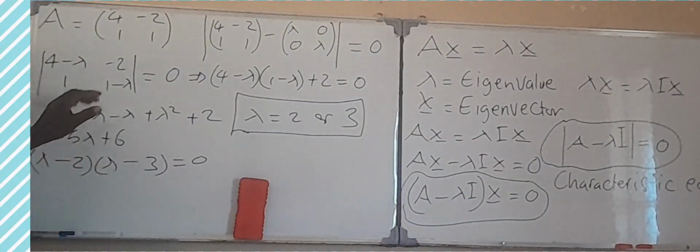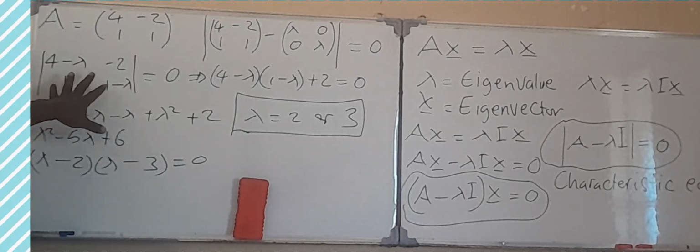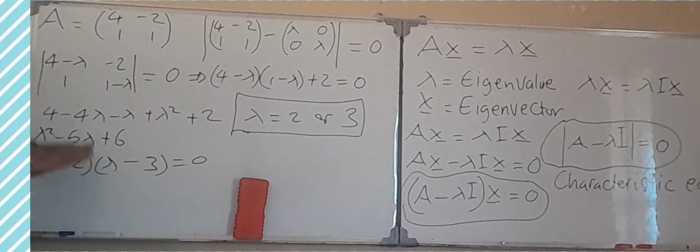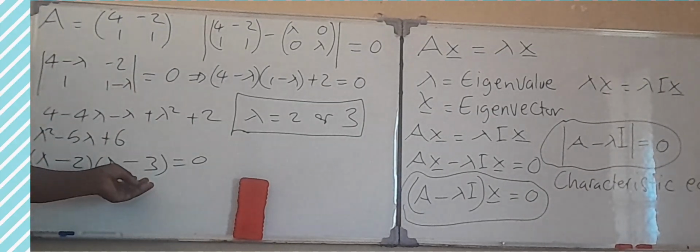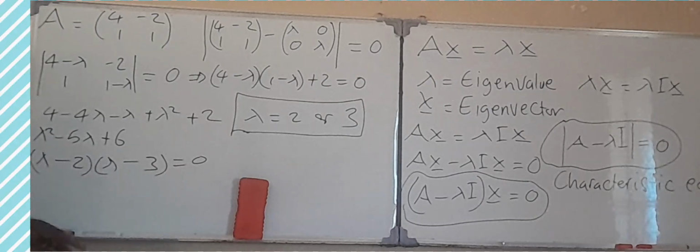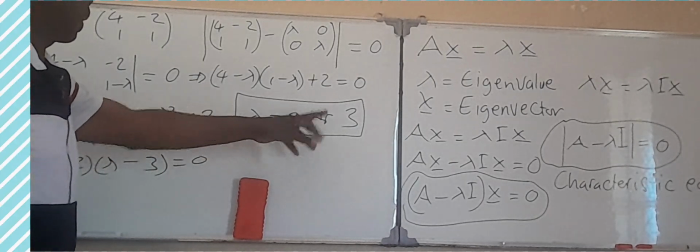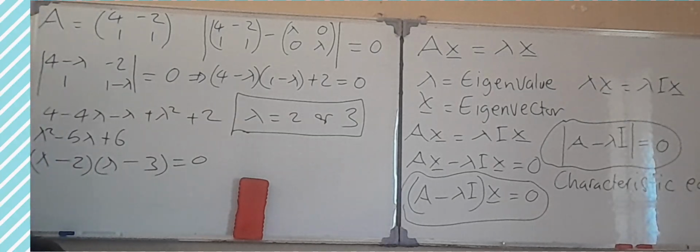Then you expand your determinant, then factorize if you can, and then find the solution. The solution of lambda gives you the two eigenvalues of our matrix A.